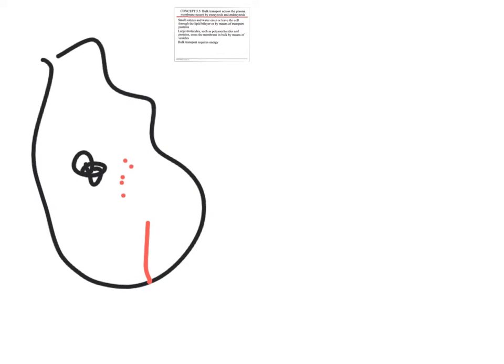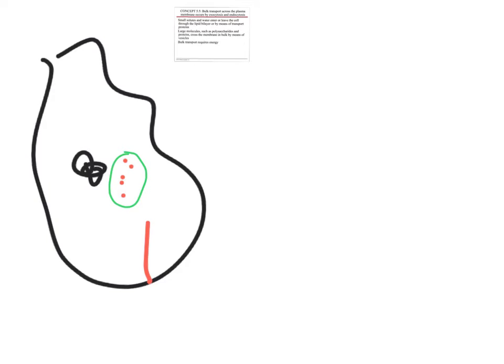So what's going to end up happening here is we're going to have our cell. Here's our cell. Our cell is going to make some type of protein, but that protein is going to be made inside a portion of the membrane, a vesicle.